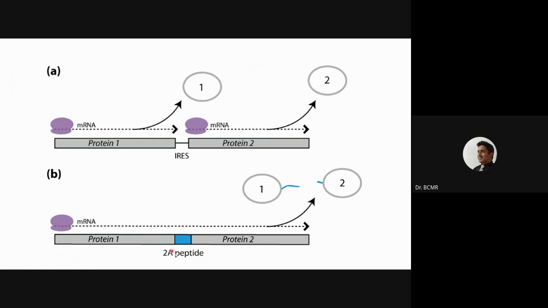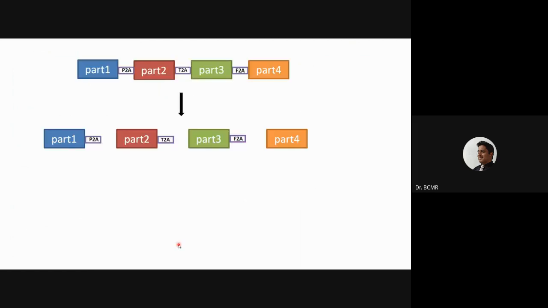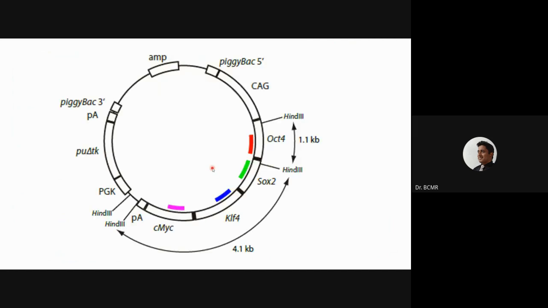Once a protein is produced, they would cleave themselves here, and they would produce each one part. OCT4, SOX2, KLF4, and c-Myc they would have produced. So from one mRNA, we are able to get 4 different proteins.